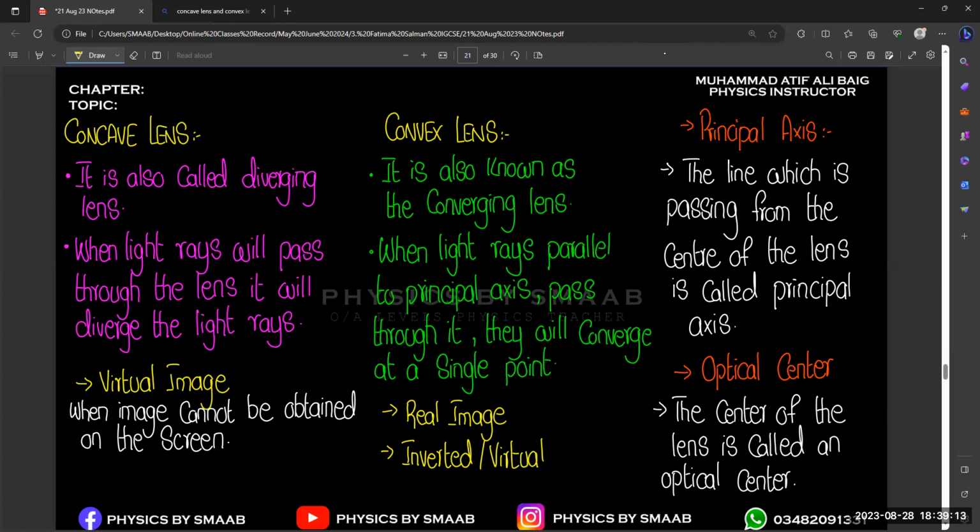And for the concave lens, you will always get an upright image. Upright means the upside of the object will be on the upside of the image and the downside of the object will be on the downside. Or you can also use the second term, erect. Erect gives you the same concept of an upright image, right?